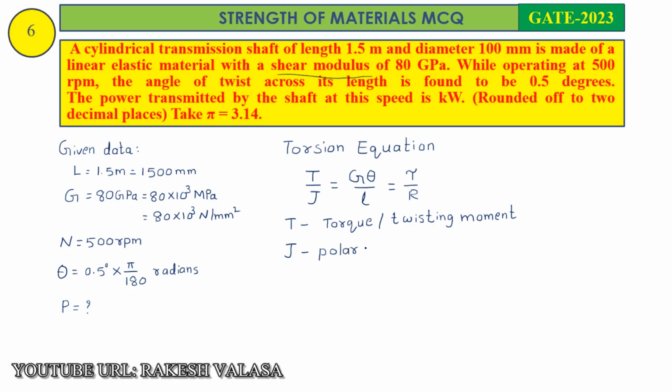For a solid shaft, we know the formula pi by 32 d power 4. In the given problem, the diameter is also given, that is 100 mm. You can write here d equal to 100 mm.